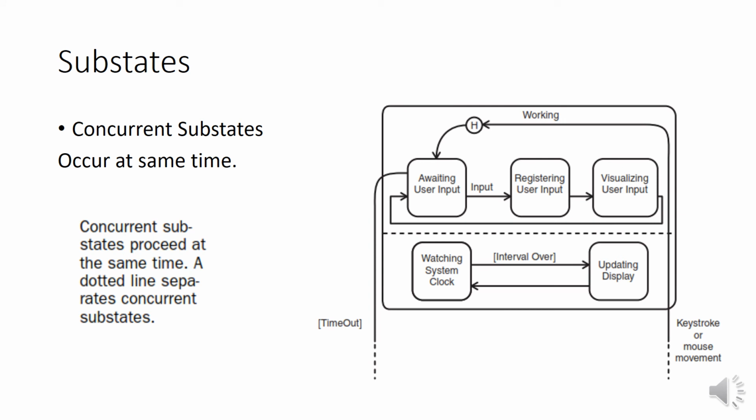Next is the concurrent substates. Concurrent, as the name indicates, occurs at the same time. If you see, when the GUI is in working state, it's not just waiting for the user input, it's also displaying the system clock at the same time while it is awaiting user input.